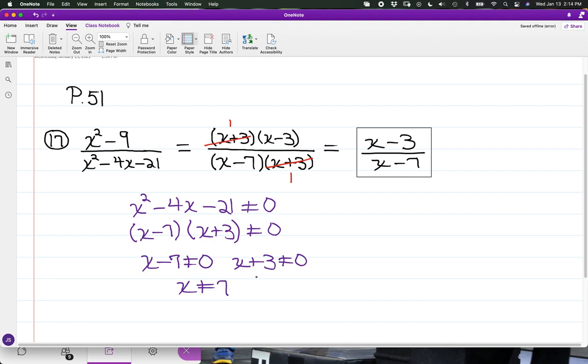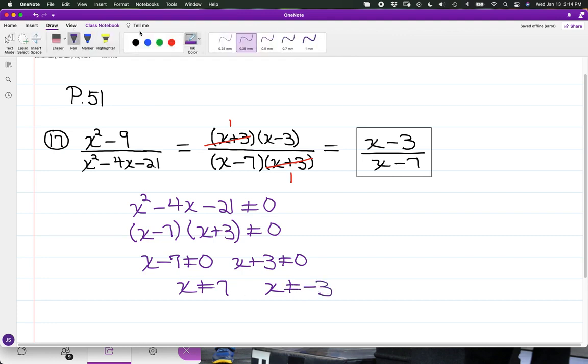And x plus 3 cannot be 0, so x cannot be equal to negative 3. These two excluded values are the restricted values, and once again, those are 7 and negative 3.